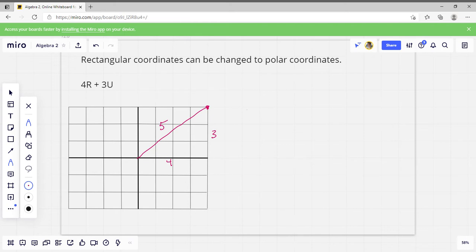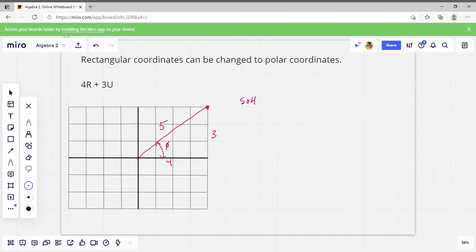And then we have to try to find this angle right here. We would do that by using SOHCAHTOA. And this is our angle theta.